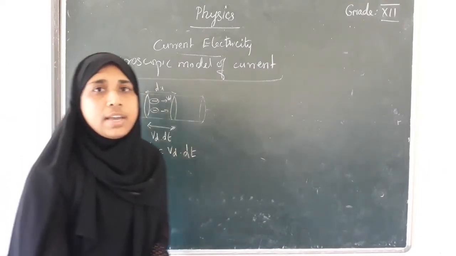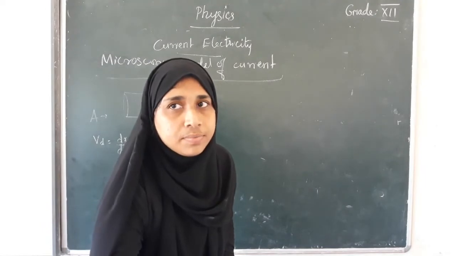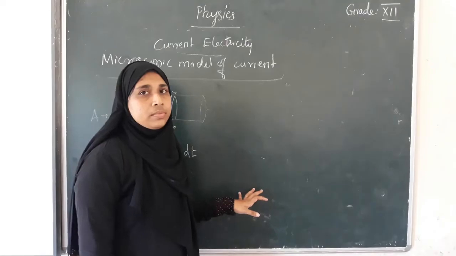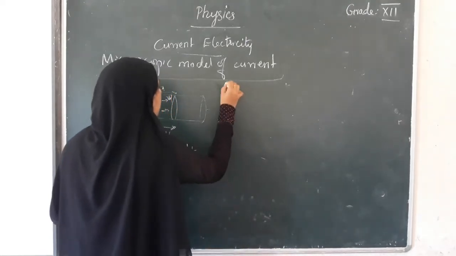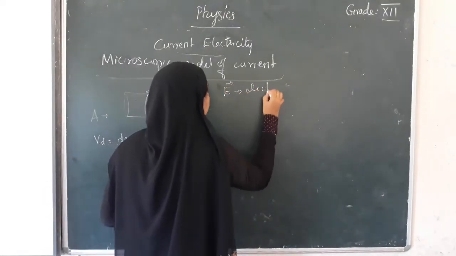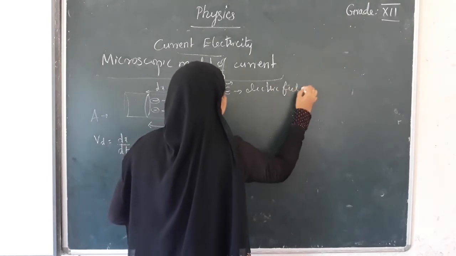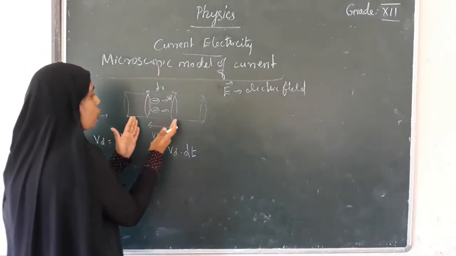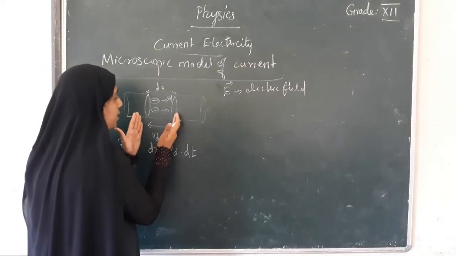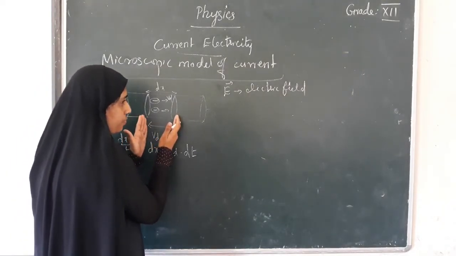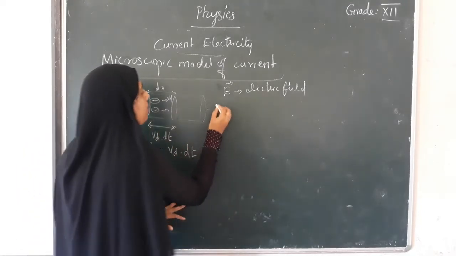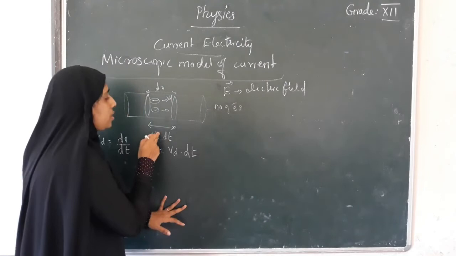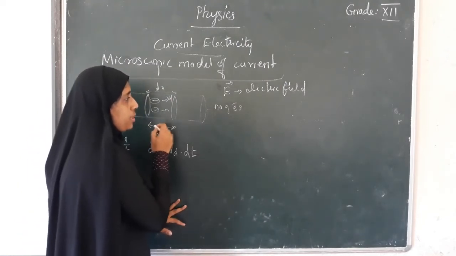Let E be the electric field. Now, how many electrons are available in this volume element?